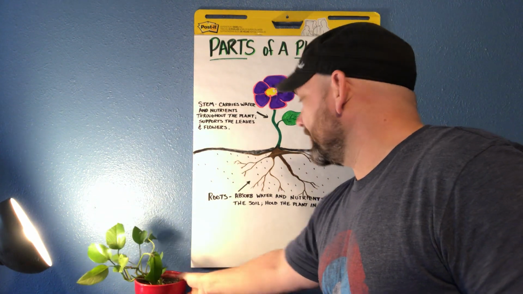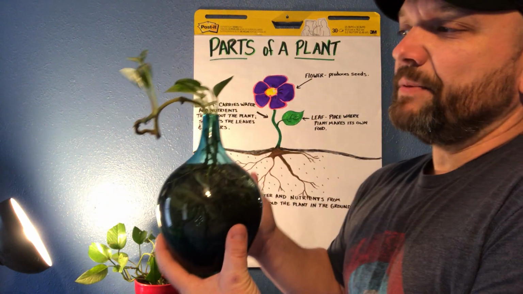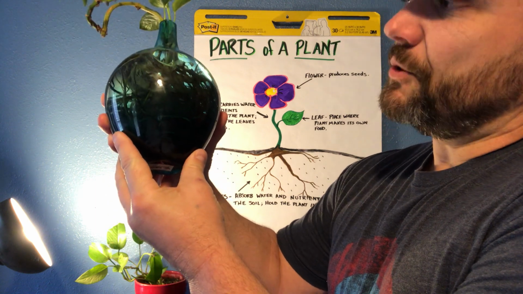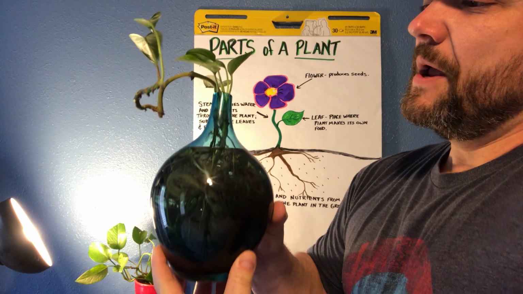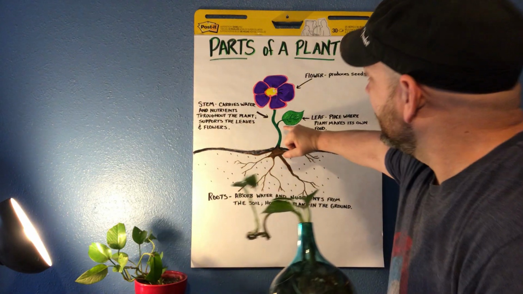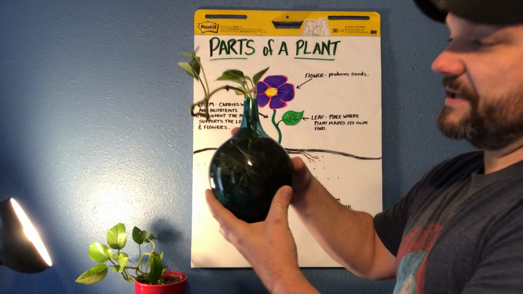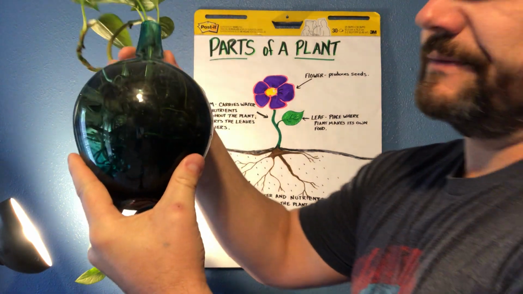But I want to get started on an experiment. Let me show you these roots really quick though. Some house plants, some things that are really strong, don't necessarily need soil to survive. This plant's not going to get a lot bigger, but this was just a cutting. I cut right below the leaf and right above the roots, and I dropped this in water, and it started to grow even without soil.